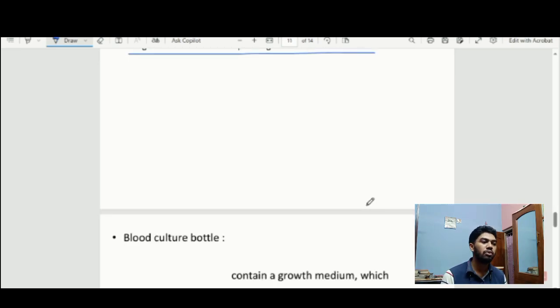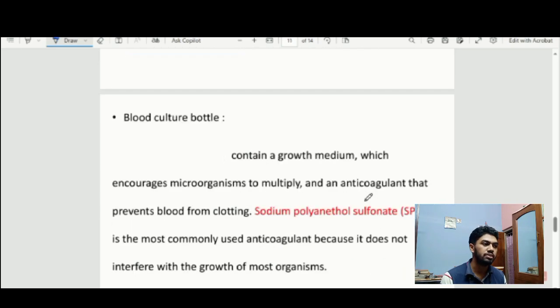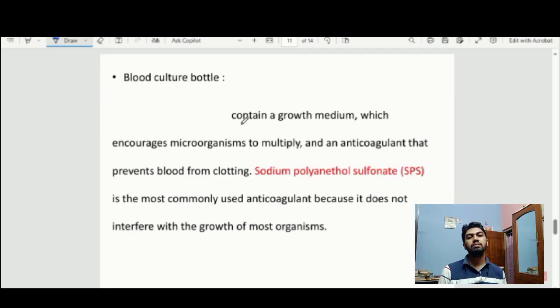Blood culture bottle. The blood culture bottle is used in microbiology. It contains growth medium that helps in the growth of bacteria, so that we can detect them from the blood culture. Here the most commonly used anticoagulant is SPS.